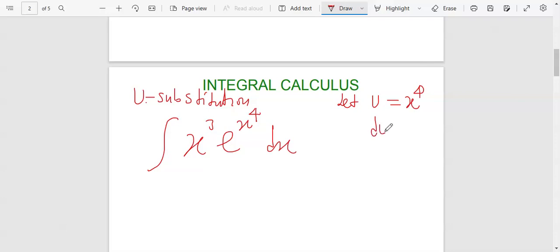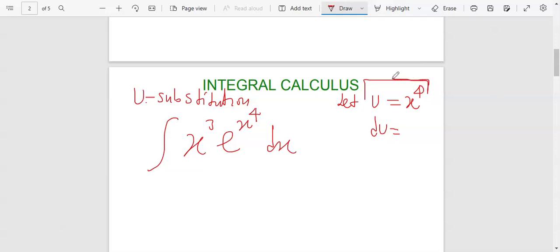After that, you need to differentiate u. So du is going to be equal to, if you differentiate u, what are you going to get? Okay, just look at this one here.